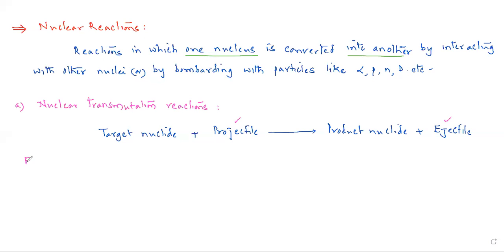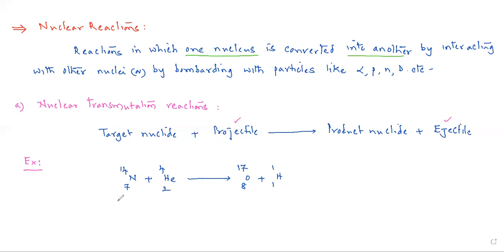Let us take an example. See, when nitrogen nuclide is bombarded with an alpha particle, we get O 8 17 and H 1 1.